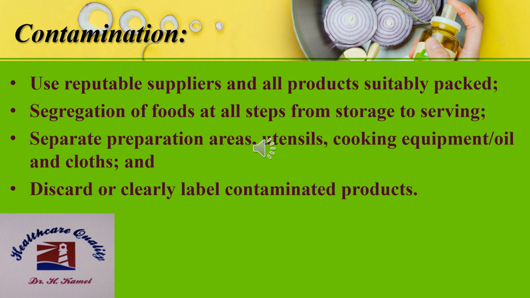For contamination: use reputable suppliers and all products suitably packed. Segregation of foods at all steps from storage to serving. Separate preparation areas, utensils, cooking equipment, oil and cloth. And discard or clearly label contaminated products.